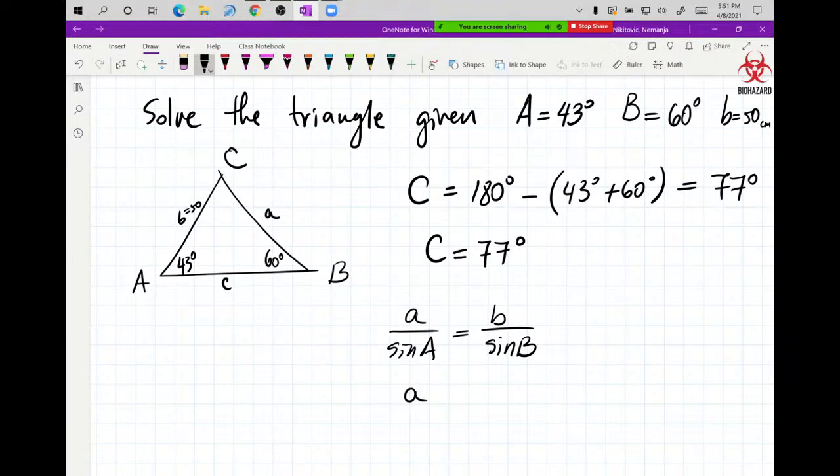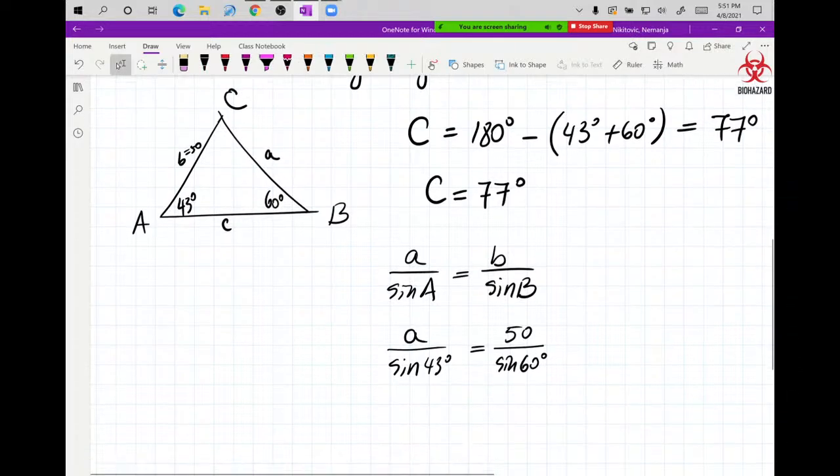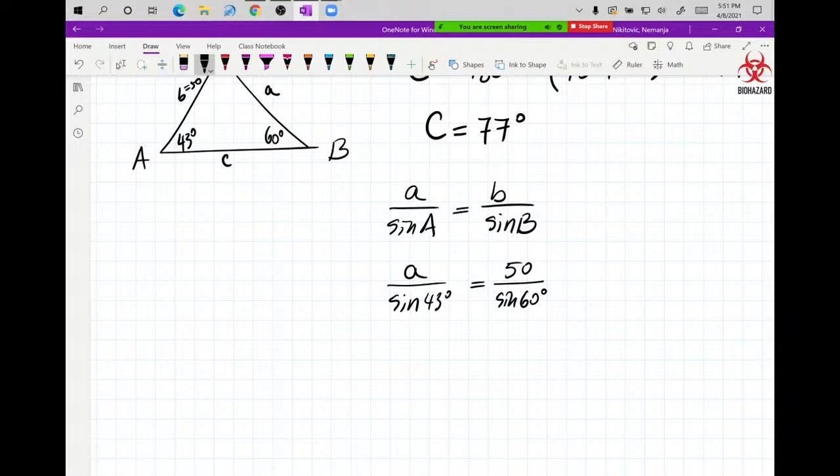So we don't know a, but we know it's going to be over sine of 43 degrees. And then we know that b is 50 and sine of B, which is sine of 60 degrees. So all you need to do is to multiply sine 43 into the right side. So a equals 50 over sine 60 degrees times sine of 43 degrees.